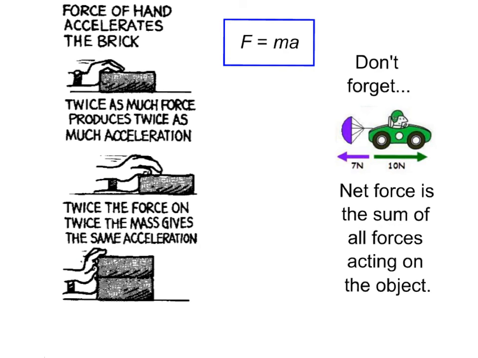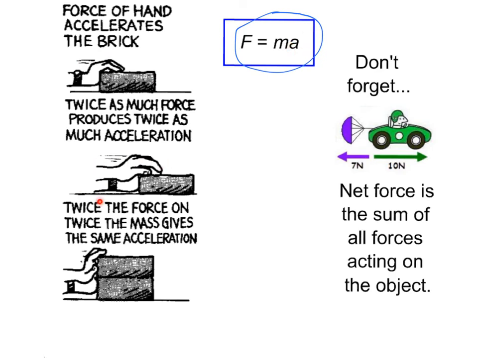So let's just think a little bit more about our nice equation here, force equals mass times acceleration. We have just a picture of a force from the hand accelerating this brick some amount. Some amount of force will produce some amount of acceleration. If I double the force and I use twice as much force, I'm going to get twice as much acceleration.